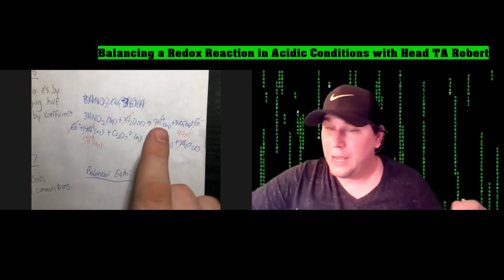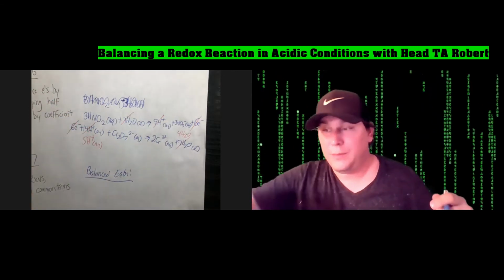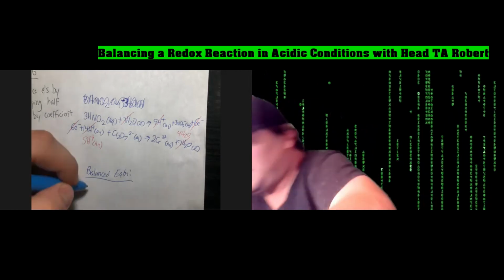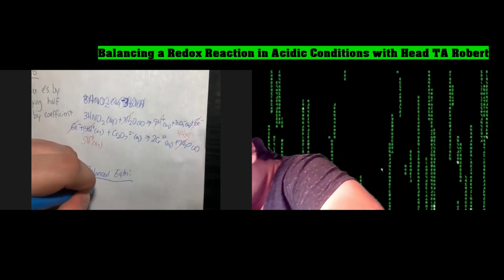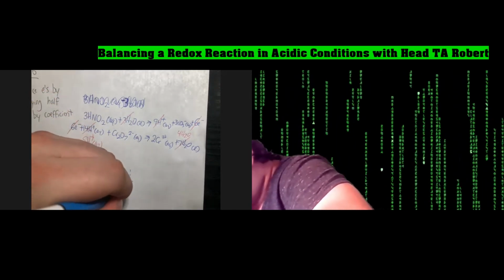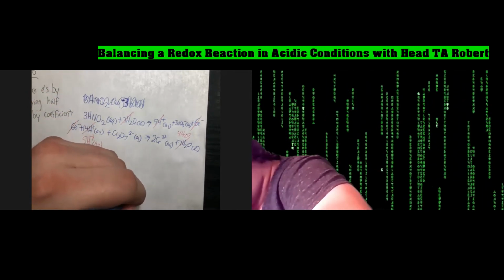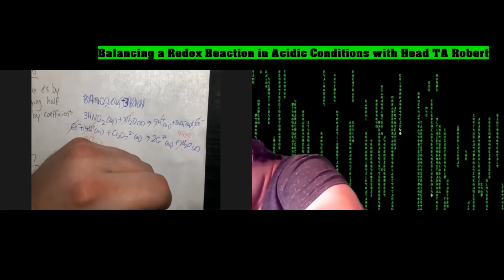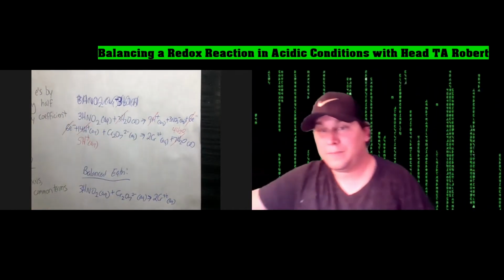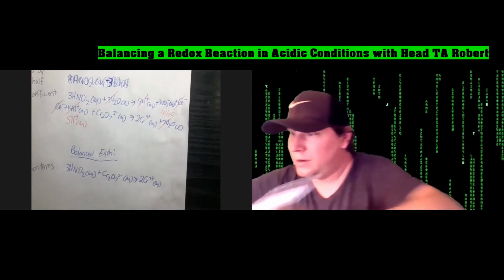Now you're just filling in everything from the left and adding it together, and then everything from the right and adding that together. There we go.